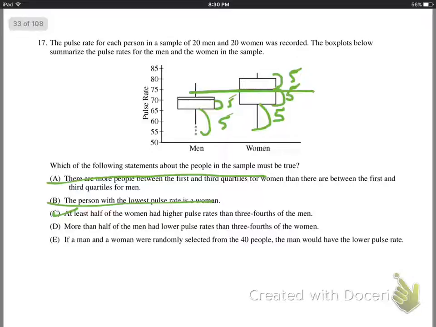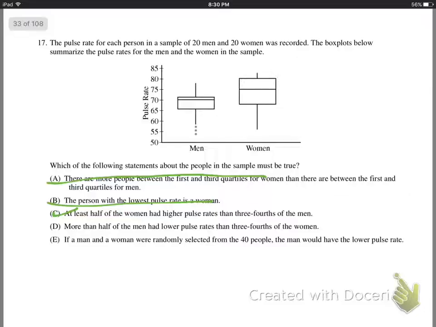More than half of the men, and I need to erase this because it's just too much. Okay, more than half of the men had a lower, at least half of the females. Okay, I might be wrong about C. My dyslexia's playing right now. Okay, more than half of the men had a lower pulse rate than 3/4 of the women.